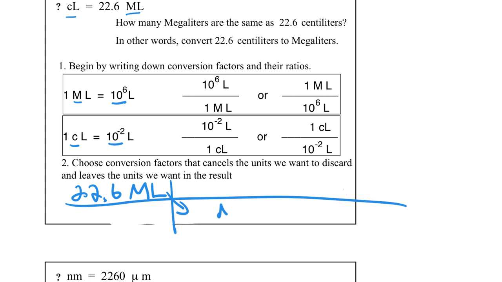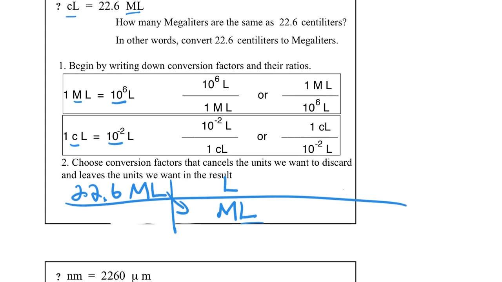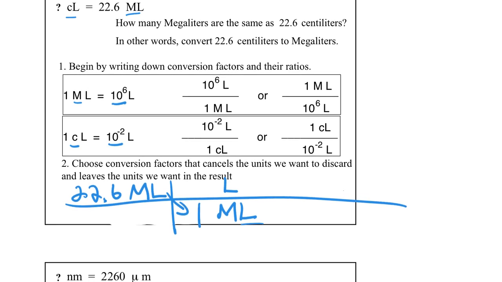Okay, you bring down megaliters, and you always go to the basic unit, which would be whatever the second letter is. Okay, you put 1 next to the guy who already has a friend, mega, and mega stands for 10 to the 6, so I'll put 10 to the 6 right there. Crosses out the megaliters.